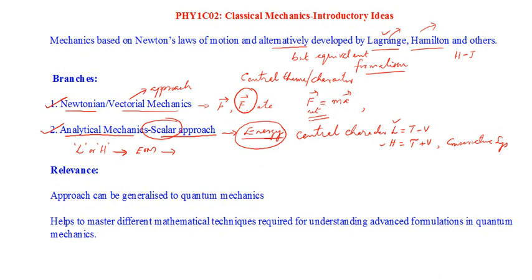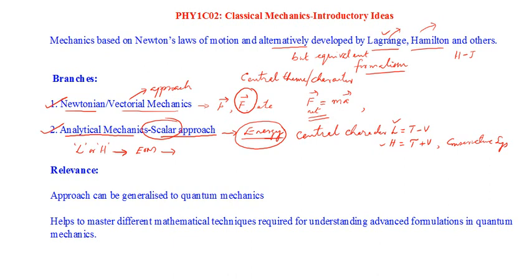We will solve some standard problems using each of these branches, right? So always remember, Lagrangian mechanics, Hamiltonian mechanics and Hamilton-Jacobi mechanics are collectively known as analytical mechanics.